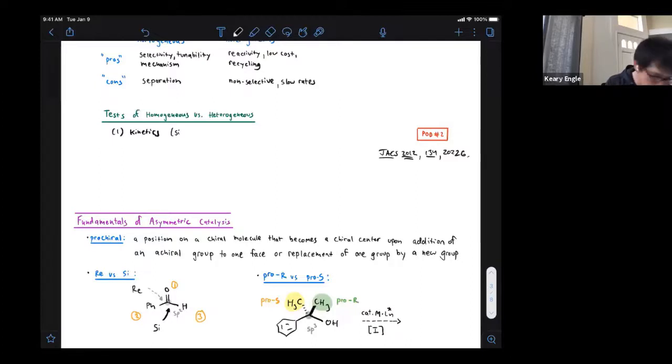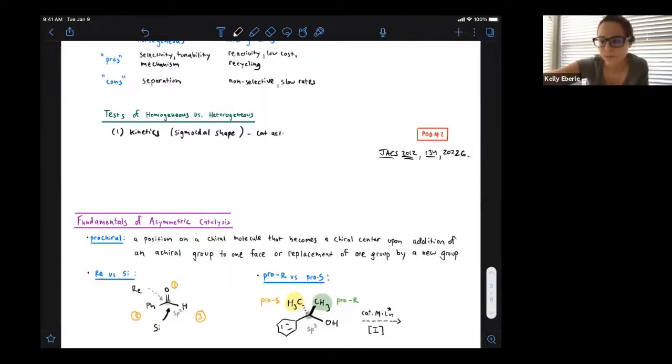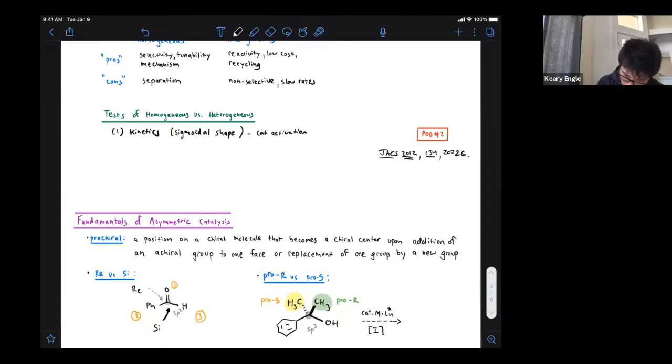I do think you might be able to get at the question in the way that you suggested, Kelly. But one diagnostic or semi-diagnostic feature is if you look at the kinetics and there's a sigmoidal shape. So what I mean by that is the concentration of starting material over time.